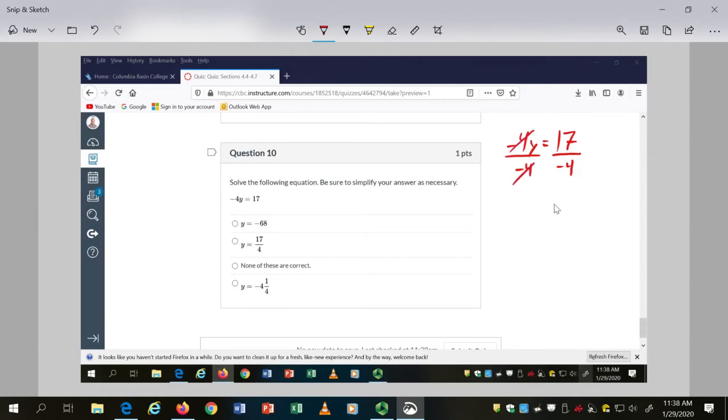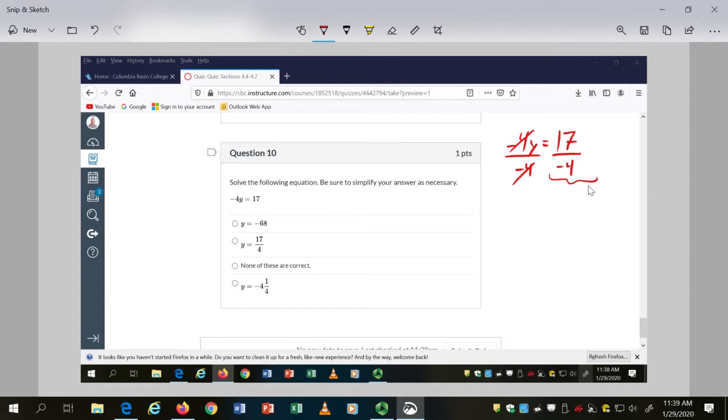Now, all you have to do is figure out the answer. You have to remember, first off, that a positive divided by a negative is going to have to be what? So our answer's got to be negative, right? So we can rule out some answers right away. That right there is in an improper form, and so you may just want to convert it into a mixed number.